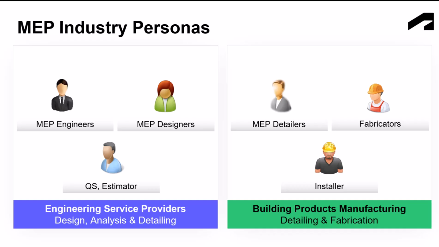On the other side, coming to the construction and the manufacturing, we can find detailers that create fabrication and installation drawings with advanced software. Fabricators build components based on these drawings requiring precision, and installers execute the plans on site, relying on accurate instructions and tools. Each role plays a vital part, and the right tools make all the difference.